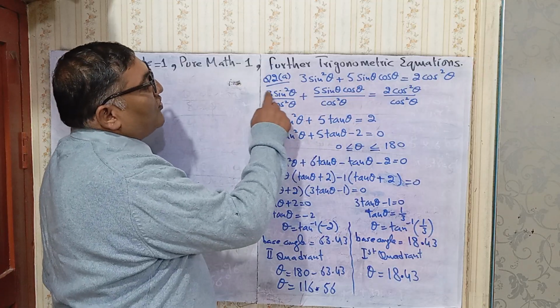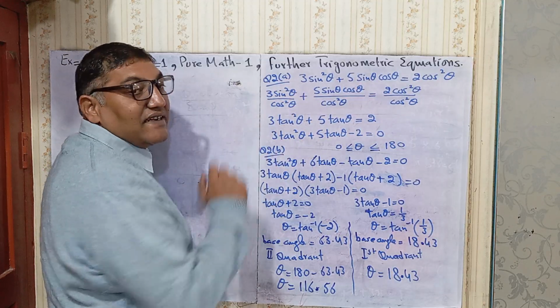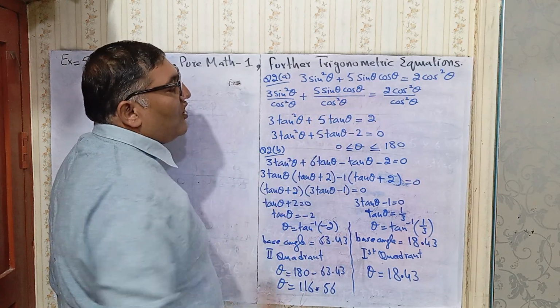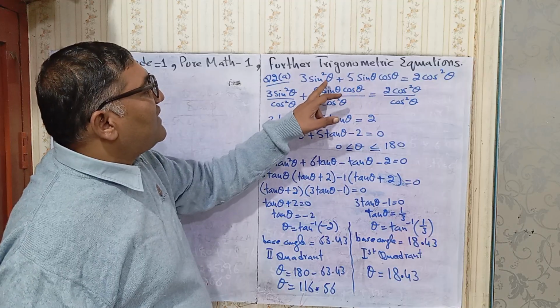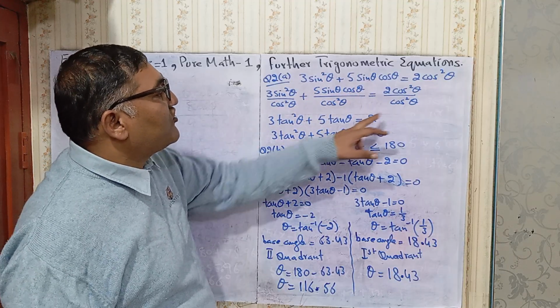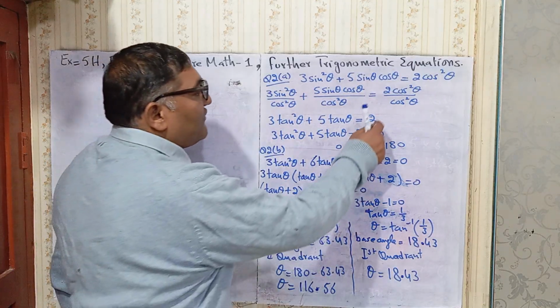So 3 sine square theta by cos square theta will be 3 tan square theta. When you divide 5 sine theta cos theta by cos square theta, one cos theta will cancel, and the other, sine theta by cos theta, will be your tan theta. So you will have 5 tan theta equals, and on the right cos square theta and cos square theta cancel with each other. You are left with the 2.